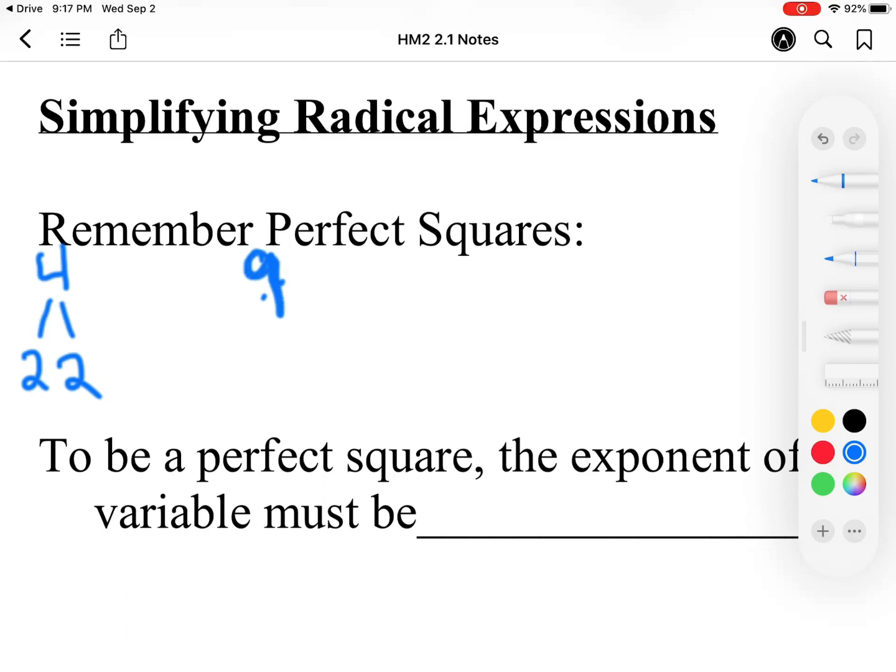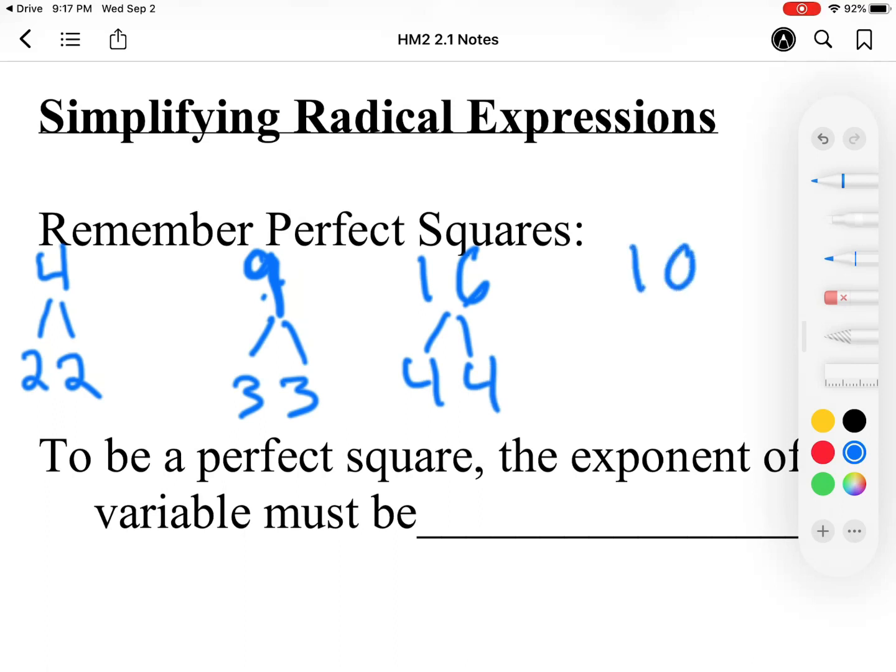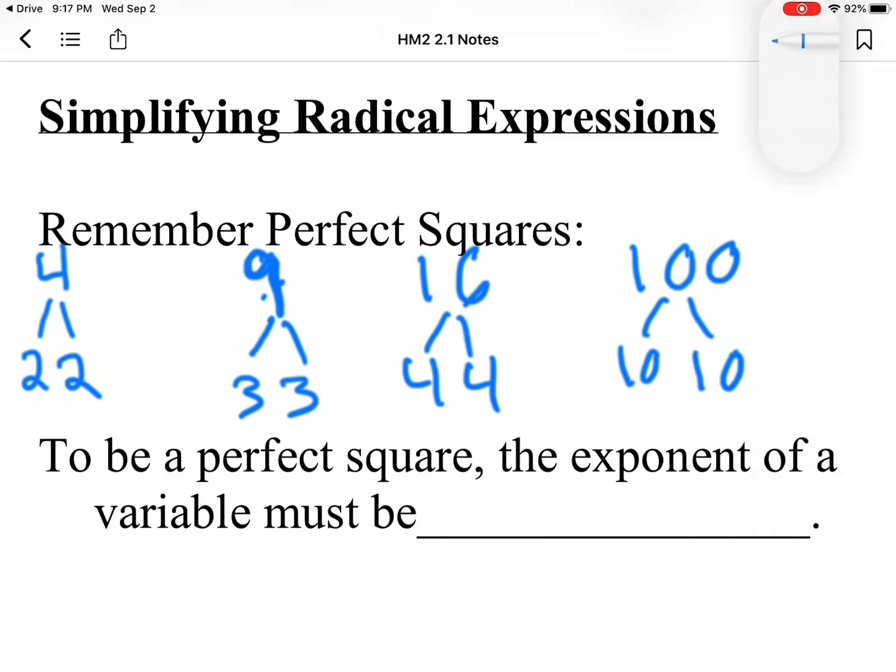Another example is 9. What times itself is 9? 3 and 3. Another example is 16: 4 and 4. Another one is 100: 10 and 10. So on and so forth. You could do it with any number.